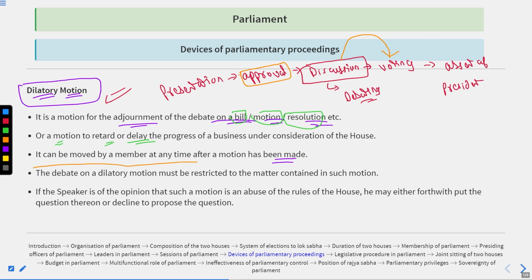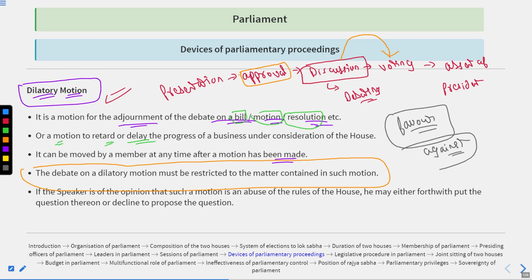It means that if the dilatory motion is passed, there are high chances that some of the members would be in favor, saying we require more time to think about it, while some of them will be against, saying enough time has been granted and now it's time to pass it for voting. So this favor and against will give rise to a debate.